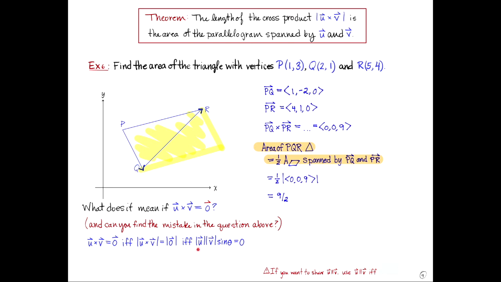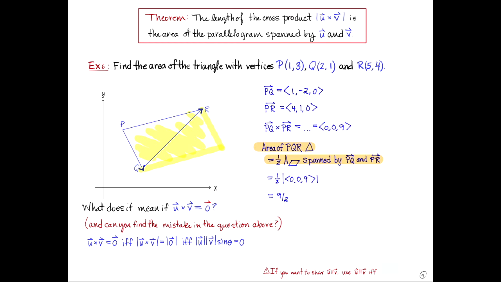The magnitude of U, this is a scalar, we have a number. V, that's a scalar, and sine theta is also some number. So the only way that the product of these 3 things is equal to 0 is if one of these things themselves are equal to 0.